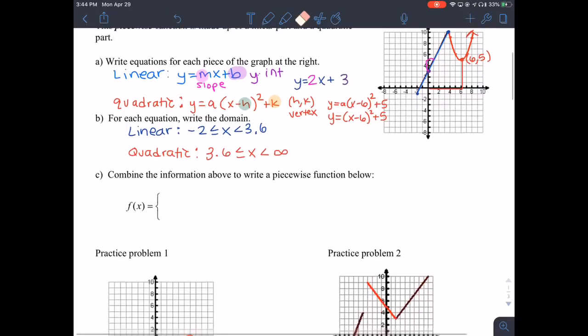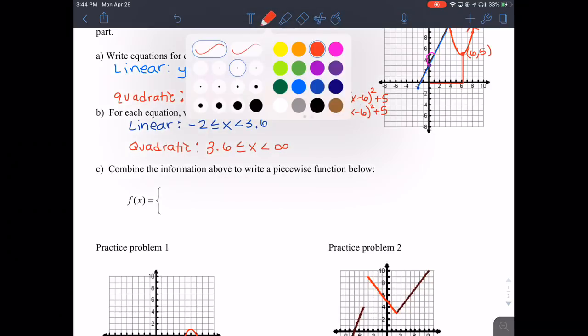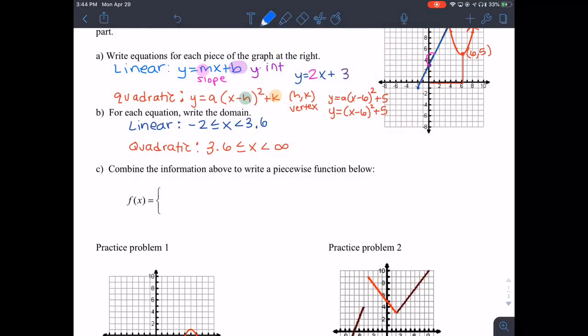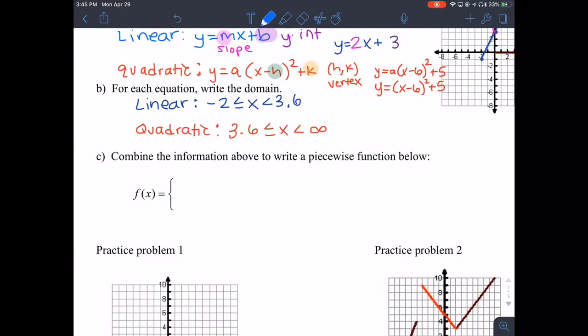So to write this as a piecewise function, we're going to combine the information. And we're going to see it written like this with f of x equals and a brace. So we'll write in our linear equation. Since it has f of x already, you don't need the y equals. 2x plus 3 is the linear function. We'll then use a semicolon to separate our domain restriction, which is -2 is less than or equal to x, which is less than 3.6.